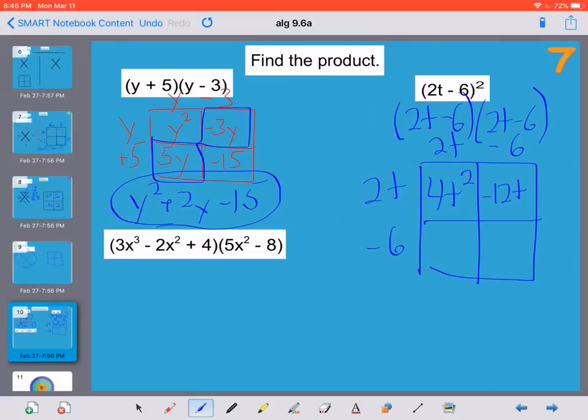Negative 6 times 2t is negative 12t. And negative 6 times negative 6 is a positive 36. So I see that I can add these two together to get 4t squared minus 24t plus 36.